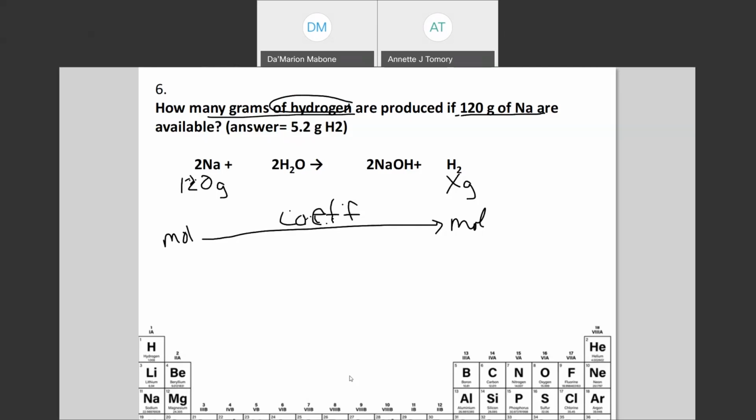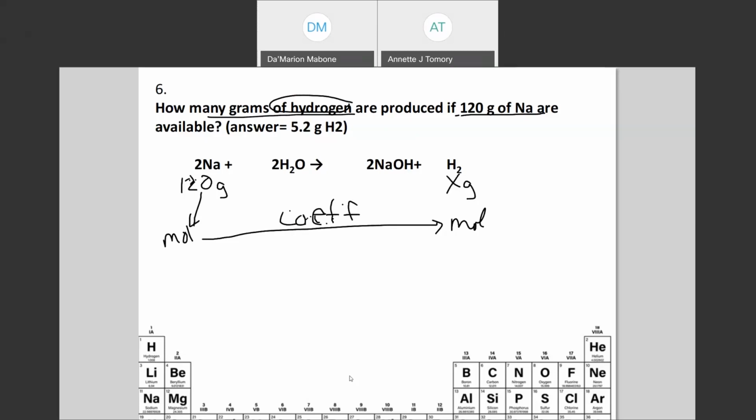Now let's look at our units a little closer. When we look at sodium, Na, it says 120 grams underneath. Is that the unit I needed to get to coefficients, or do I need to do a conversion? A conversion. We need to use a conversion because they gave it to us in grams, but we need it in moles to use those coefficients.